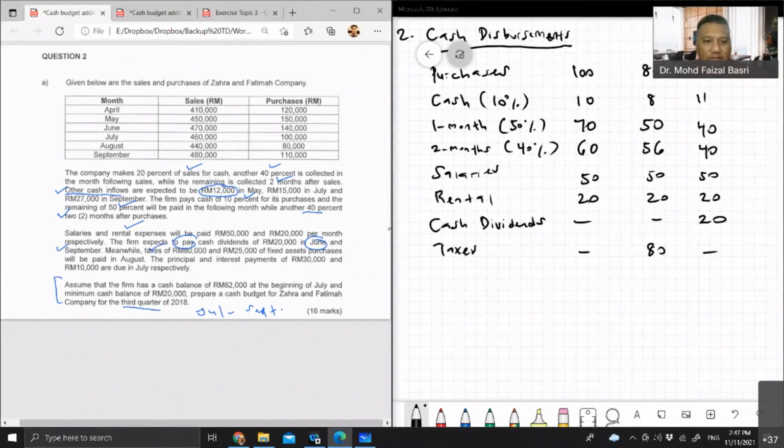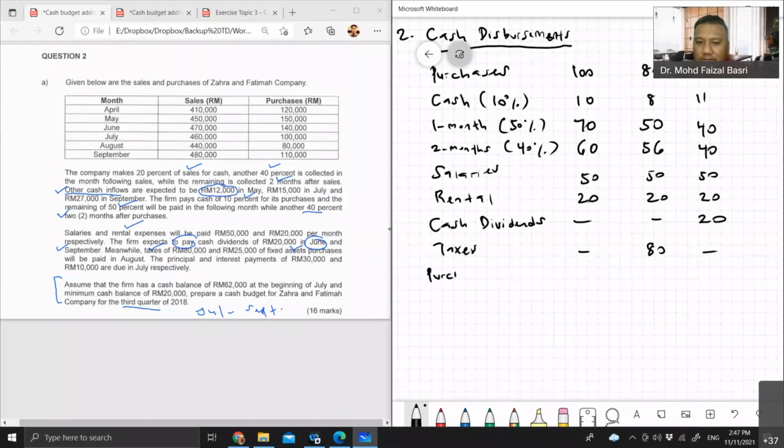We have 25,000 for fixed asset purchases. So I'm going to put purchase of fixed asset. FA is fixed asset. So purchase of fixed asset, how much? 25,000. When? Also in August. So we're going to put 25,000 in August as well. Okay, already ticked here. So we've done everything so far.